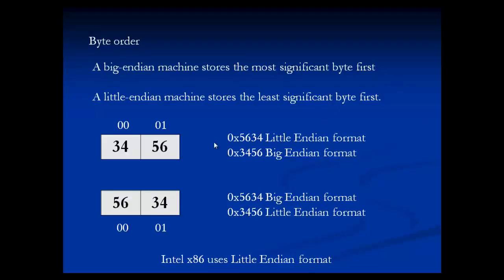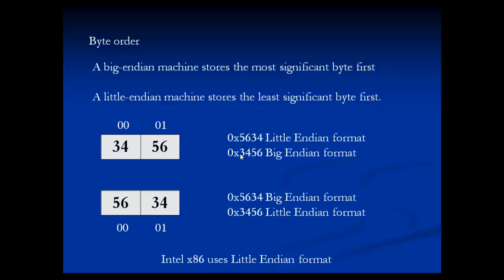For example, 34 is one byte and 56 is another byte, and in big endian format, 34 is the most significant byte, so we have kept it first, and 56 is the least significant byte, so we have kept it at the end. So this is big endian format.